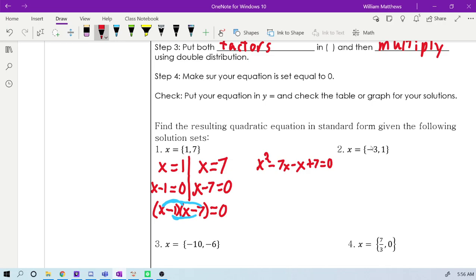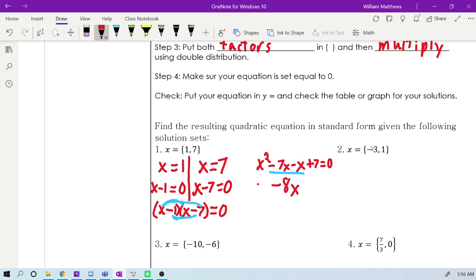Now if you remember from our double distribution video, in this case we should have like terms in the middle, which means we're going to combine those. Negative 7x minus x gives me a negative 8x.